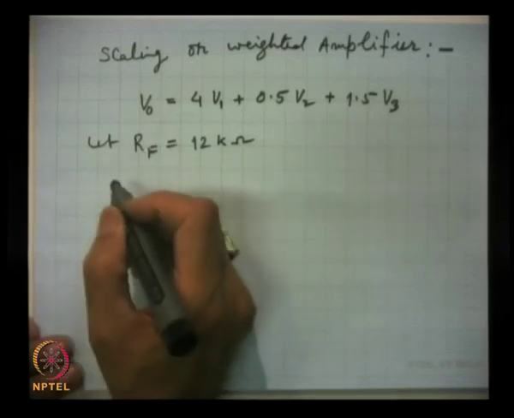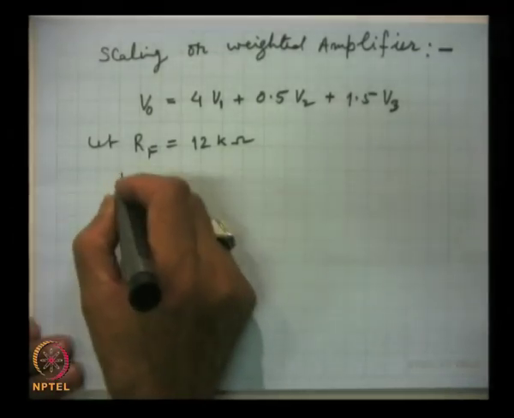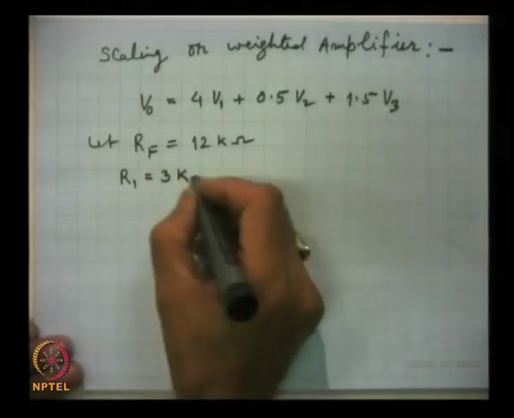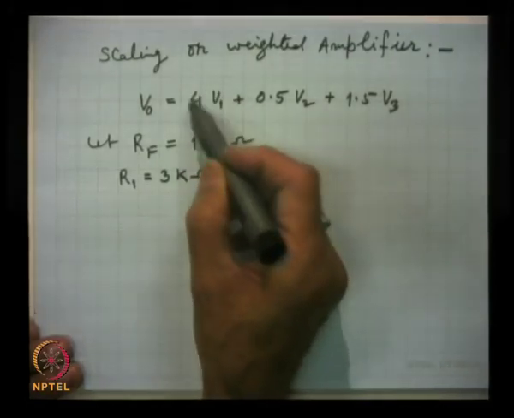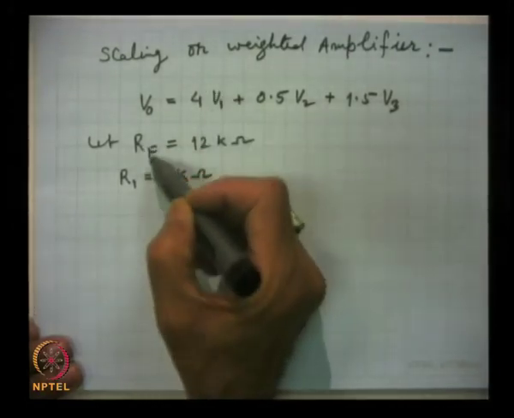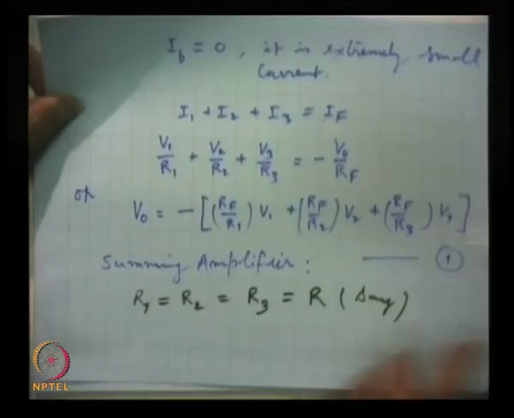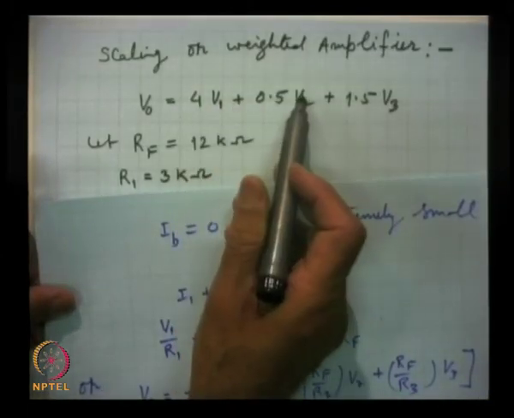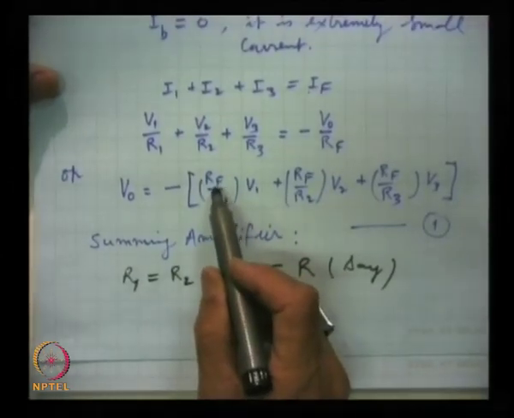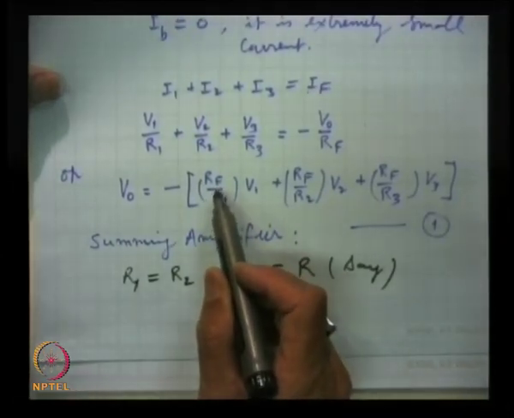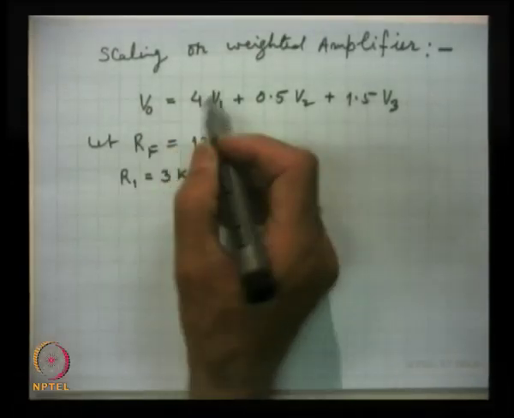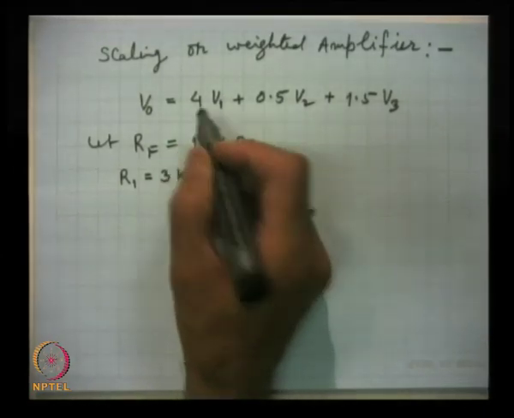Then we should choose R1 as 3 kilo ohms, so that this will be amplified by Rf by R1 into V1. Here we want a factor of 4 according to the requirement, and if we choose Rf at 12 kilo ohms, then R1 necessarily we will have to take at 3, so that a factor of 4 comes.